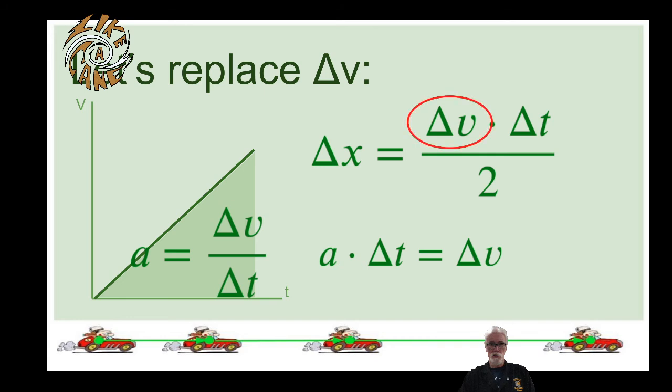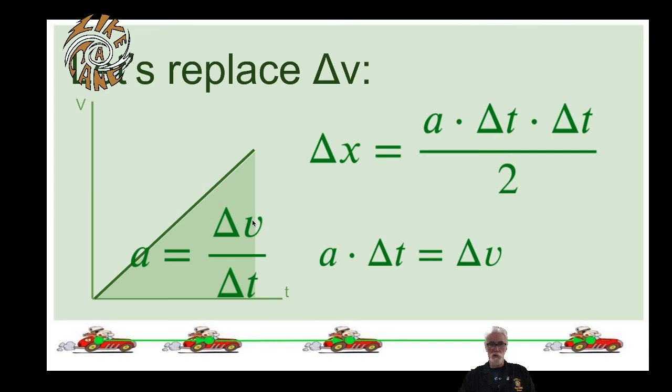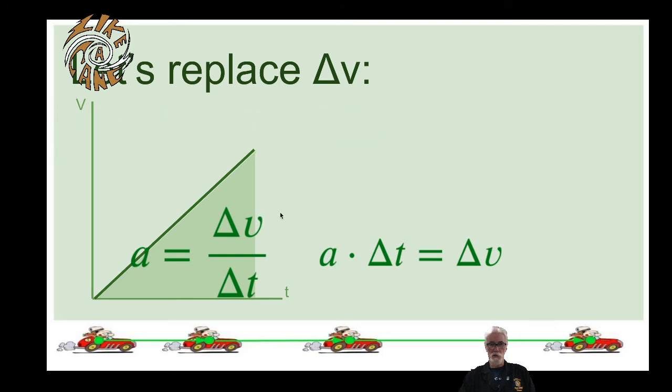So where we see delta v in the equation, we could instead put a times delta t, because they mean the same thing. When we do that, we get a times delta t over 2 is the displacement. But delta t times delta t is delta t squared, so we can simplify this a bit. And what we find is the displacement is the acceleration times the change in time squared, divided by 2.